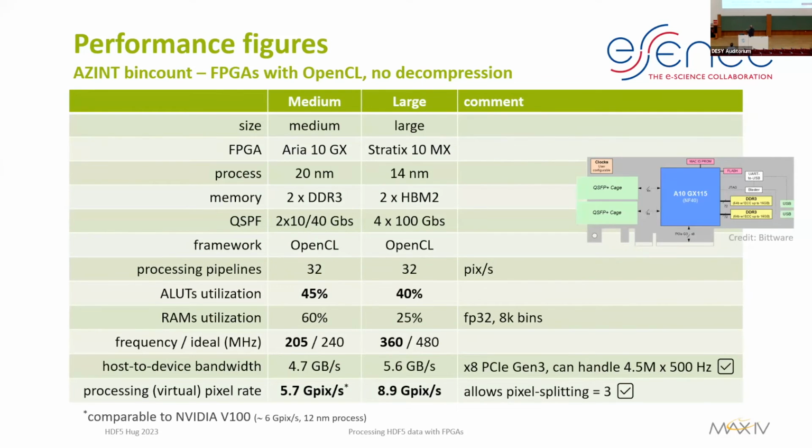And this is how the algorithm is running now. It's visible that on a medium FPGA we can process almost 6 gigapixels per second. On large FPGAs, by just porting from the medium to the large, we immediately got to 9 gigapixels, likely because of an increase in the frequency.